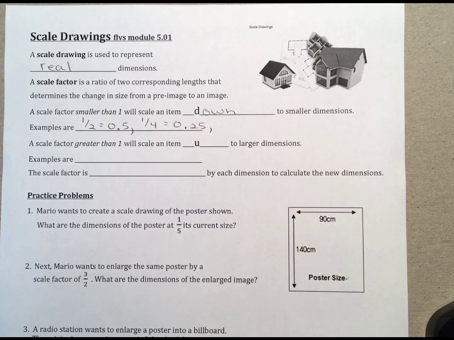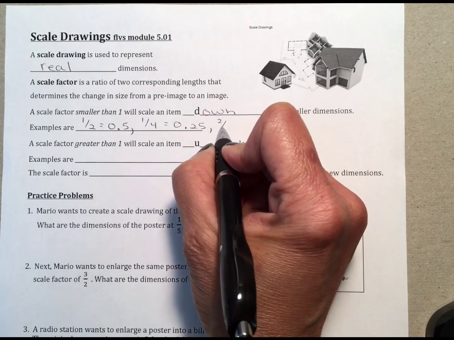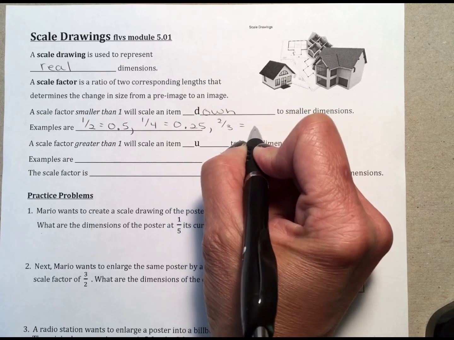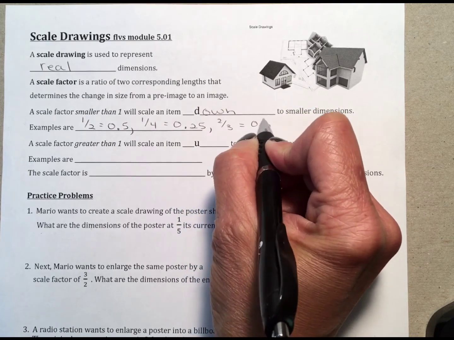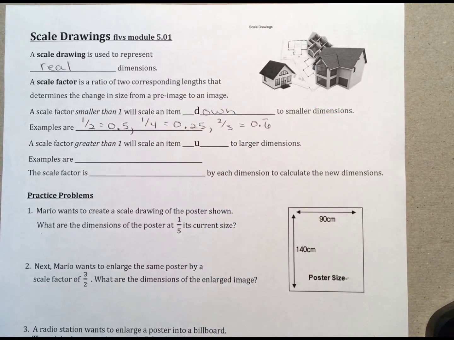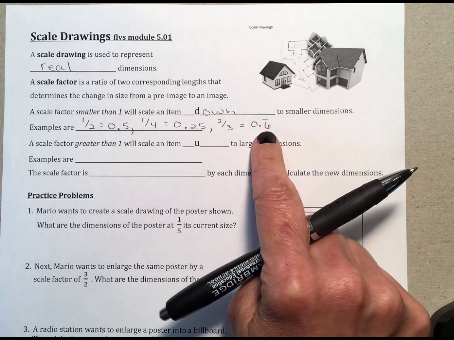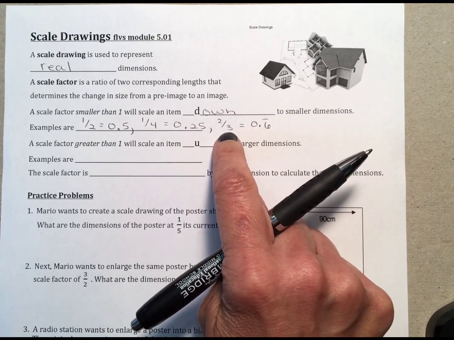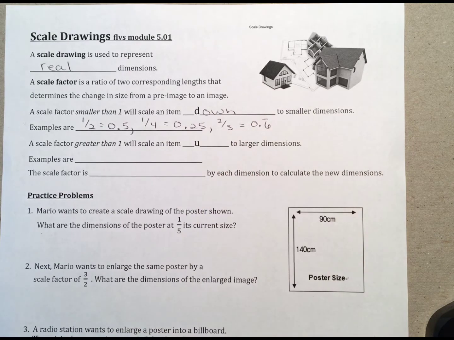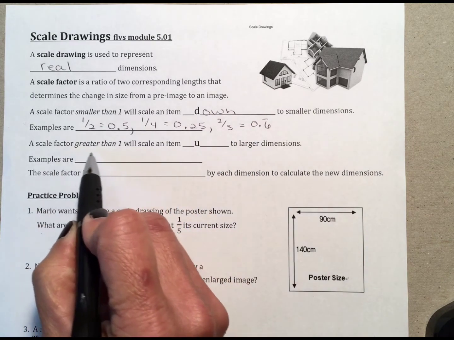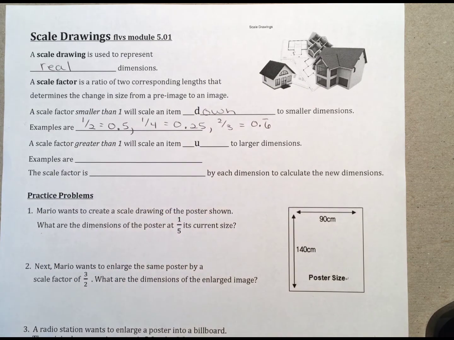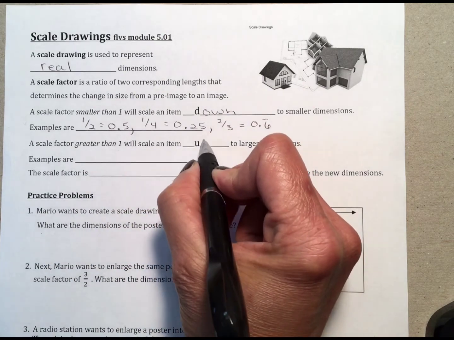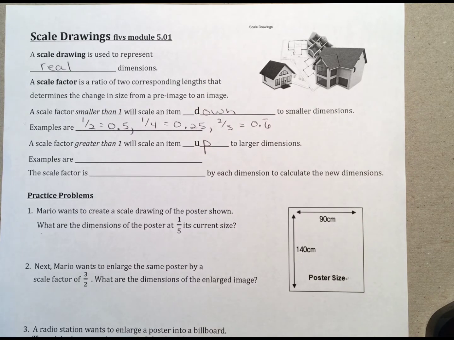And we might even get a fraction like 2/3, which is equal to 0.6 repeating. And this you would probably just use as an estimate, or better yet, we would just multiply by 2/3. Now, a scale factor greater than 1 will scale an item up to a larger dimension.